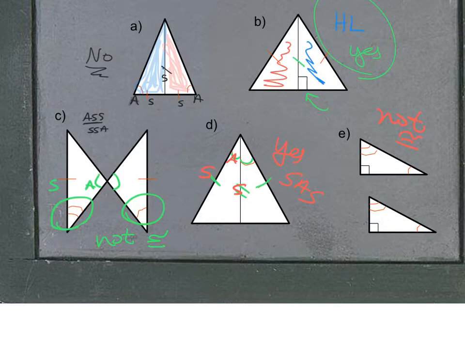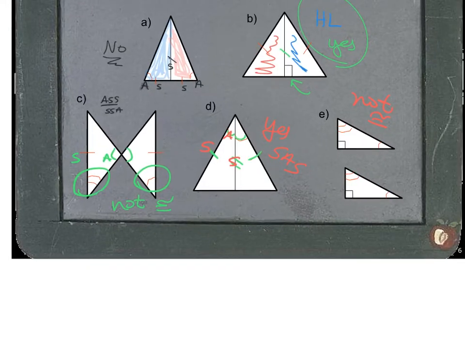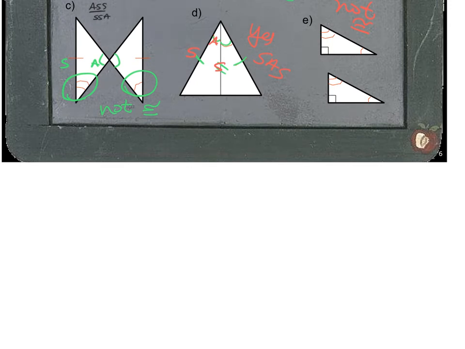Now, remember, we have side, side, side, but there is no angle, angle, angle shortcut. Because watch, if I were to draw you an equilateral triangle, 60, 60, 60, that would be equilateral. I could put congruency marks. And then let's say I tell you that the sides are all 4.